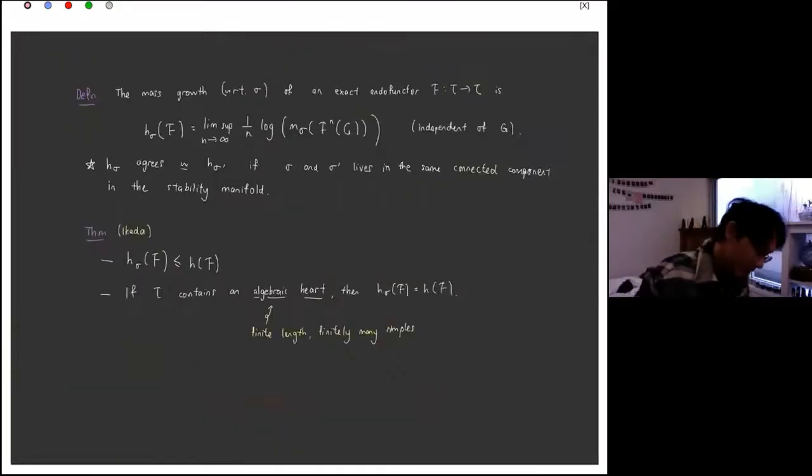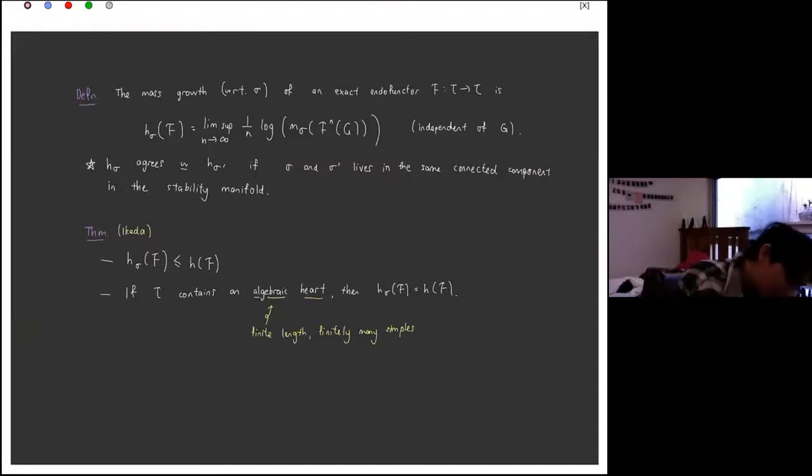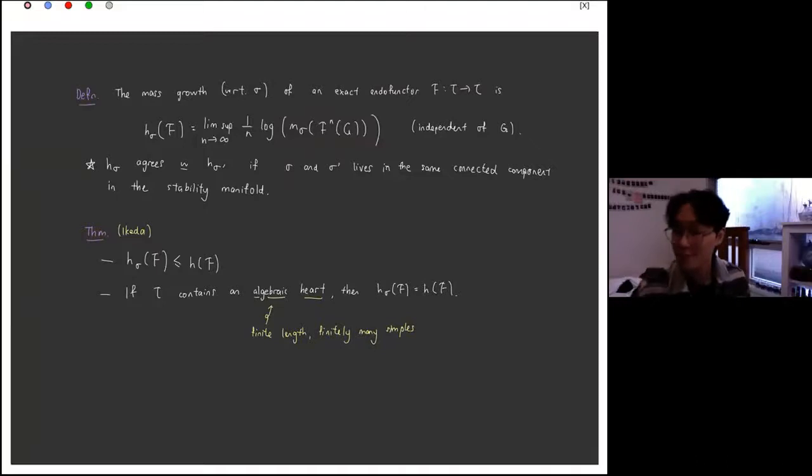And again, you can now compute a separate thing, which is what's known as the mass growth. Instead of using the complexity to compute this limit beforehand, we can think of this as, well, how does the mass, or in particular how does the length, grow according to this endofunctor?